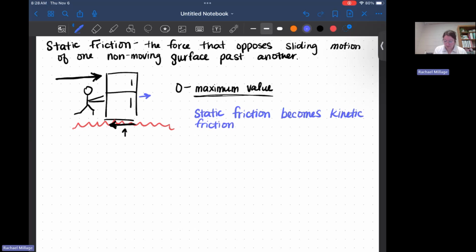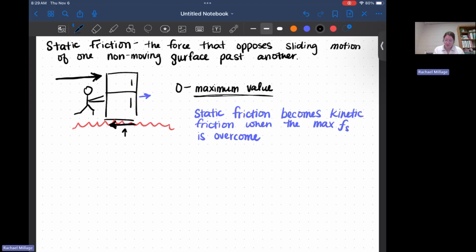And that happens when? When the maximum static friction is overcome. Essentially, there's enough force that it negates or cancels out the force due to static friction. So we get a net force in the direction that we're pushing.